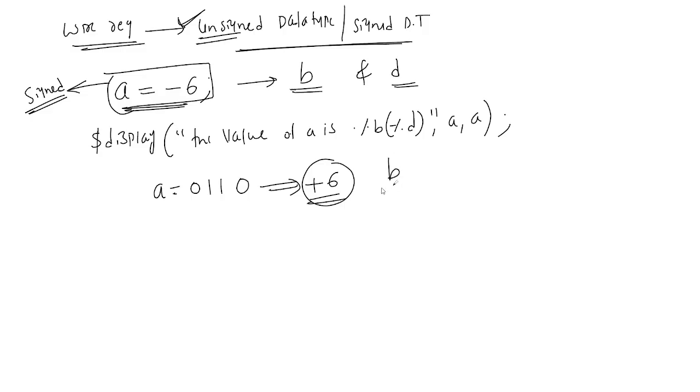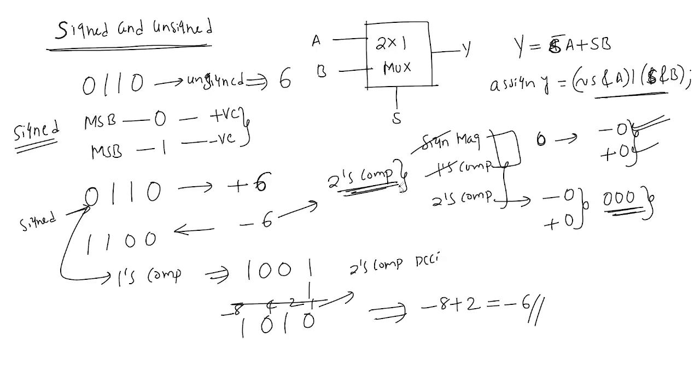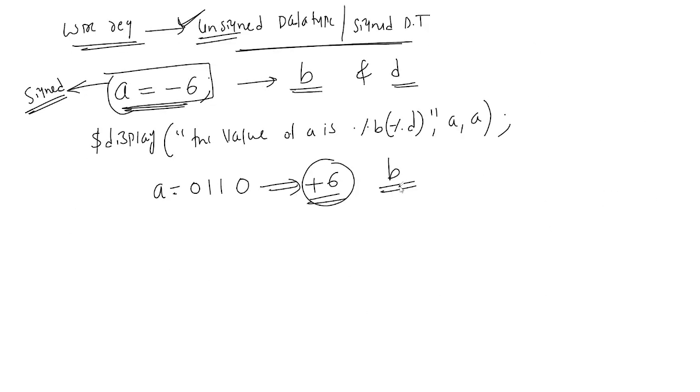It will display in binary the 2's complement for -6, which is 1010. But in decimal, it is an unsigned number, so it will display 10. Did you understand? It will display the unsigned number.